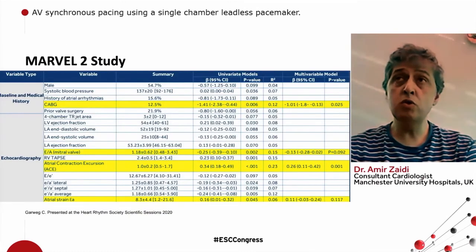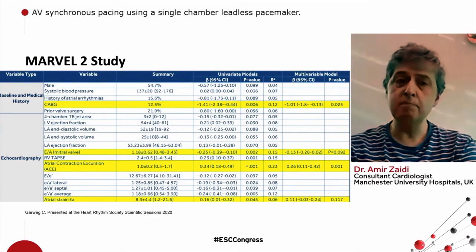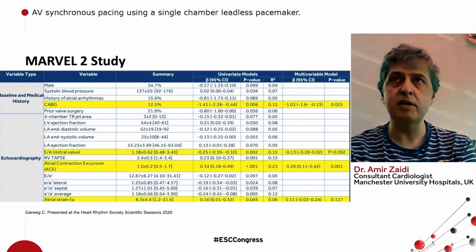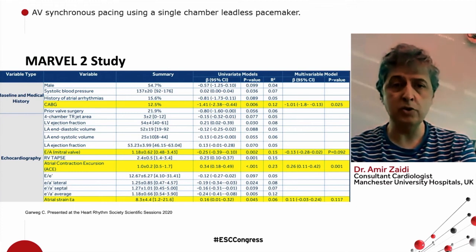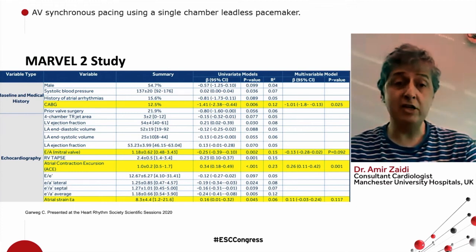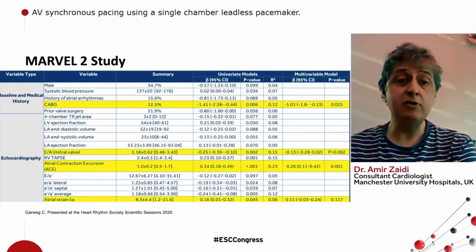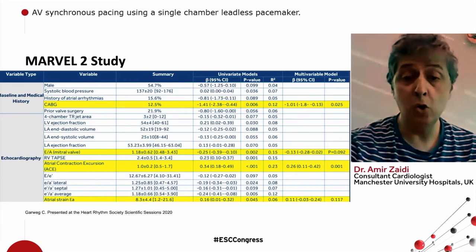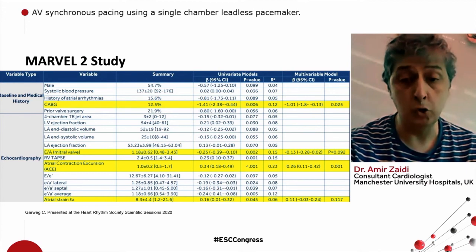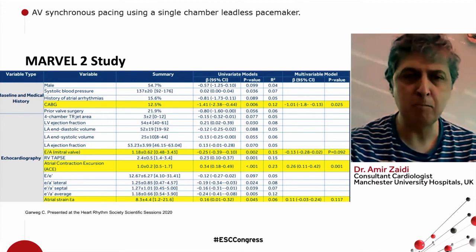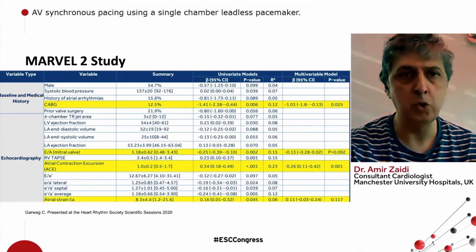So there were very few things that had a significant impact on the A3 and A4 signals, but the E to A ratio on echo and the atrial contraction excursion were significant predictors of either good or bad results in terms of the working of the algorithm.